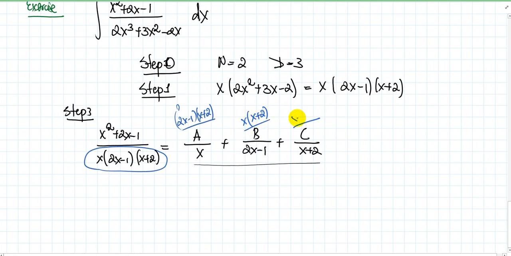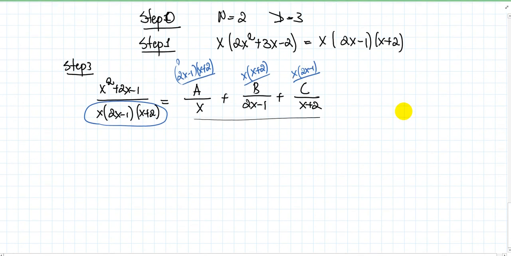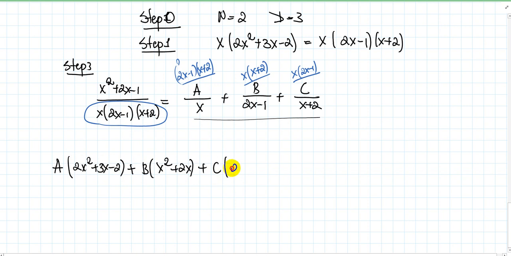And in the third one, x and x minus 1. Right? Okay. So I can write this as A multiplied by x squared plus 3x minus 2. I just multiplied the x minus 1 by the x plus 2. Okay? So plus B multiplied by x squared plus 2x, plus C multiplied by x squared minus x.